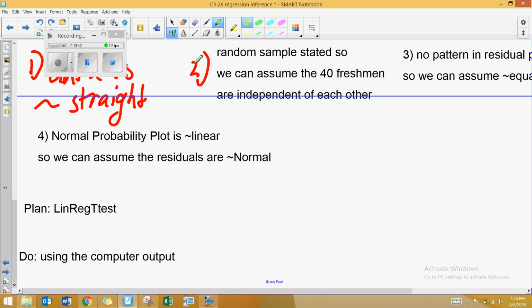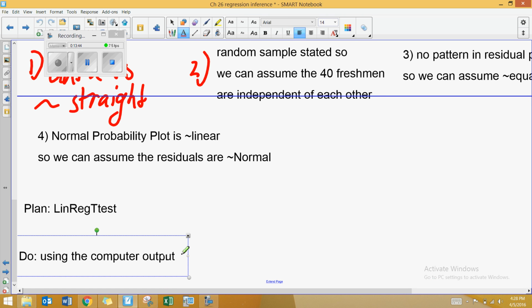So down here, using the computer output, my t equals 5.333. My p-value is so small, you'll notice some of the values that we got in the last unit where it was like 1.6 times 10 to the negative 4 or 10 to the negative 8, those really, really small numbers.